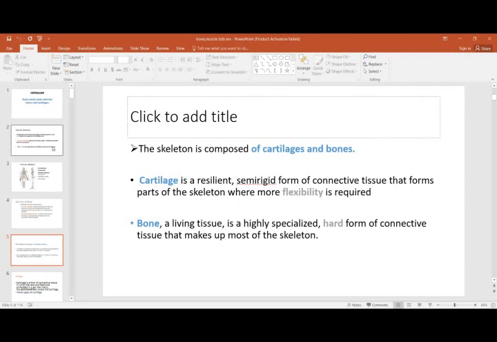Specialized connective tissue is labeled as cartilage and bone. Cartilage is semi-rigid and flexible. Bone is a living tissue, a highly hard form of connective tissue that makes up most of the skeleton. At certain parts you have cartilage, and at certain parts you have bone.